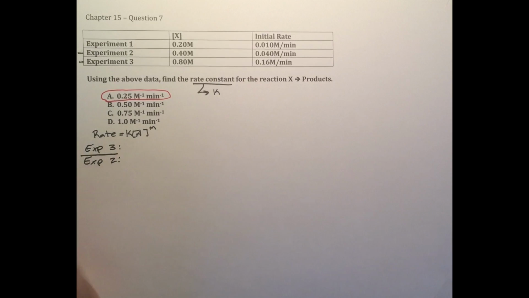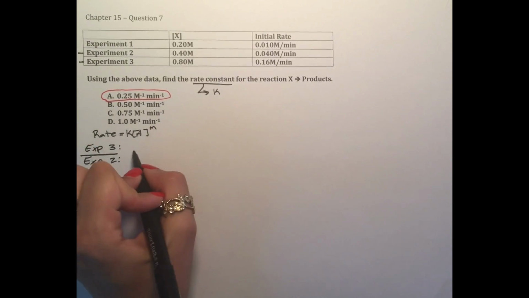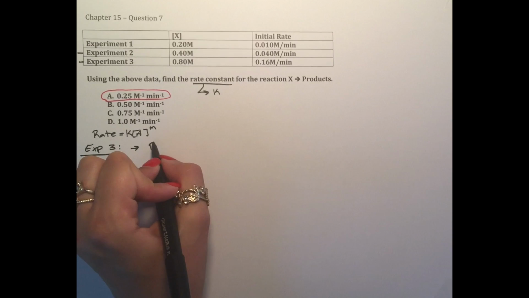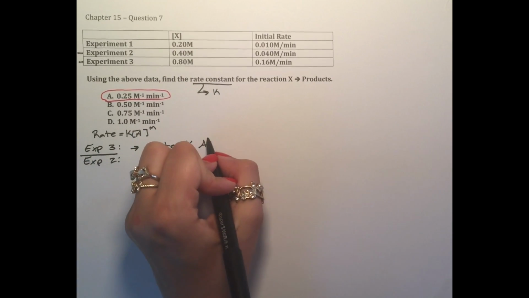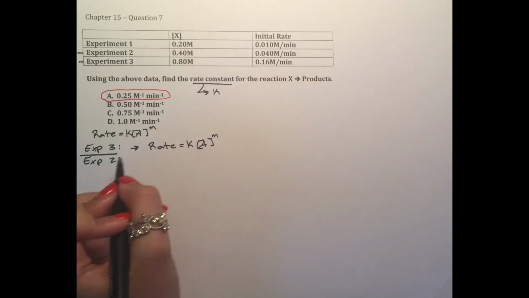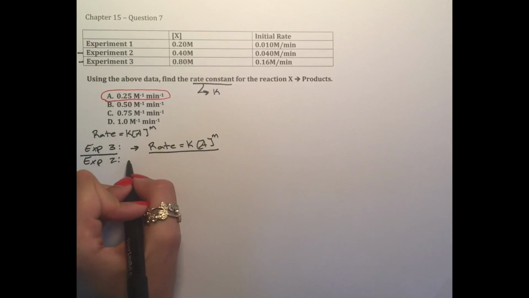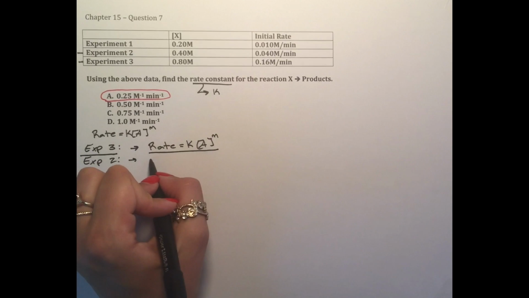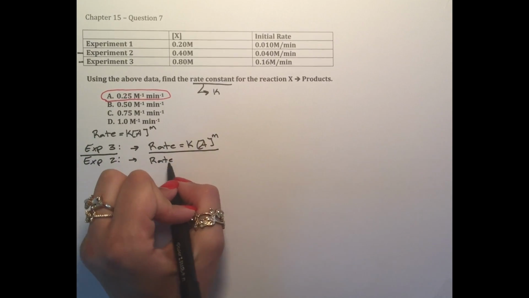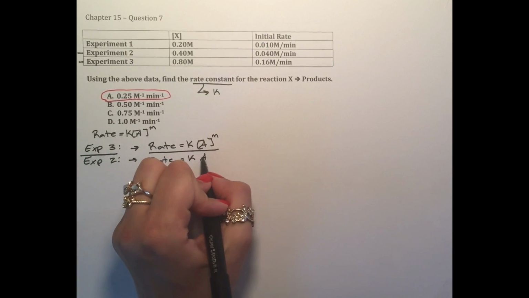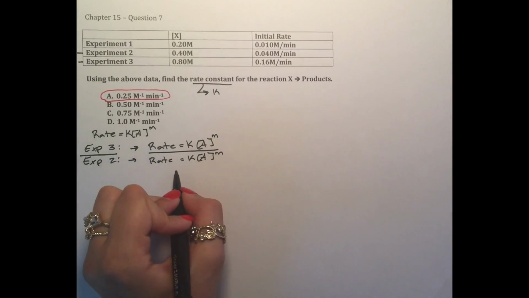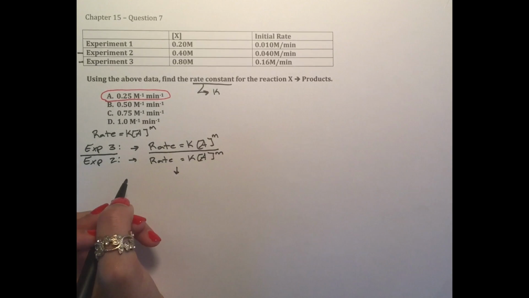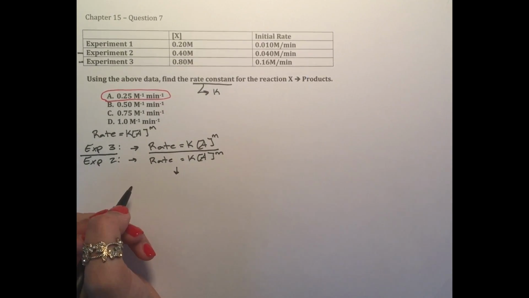So what I'm going to do is write the rate law for experiment 3. Rate equals K times A to the M. And the rate law for experiment 2, which is exactly the same. So now we're just going to plug in whatever information we were given.